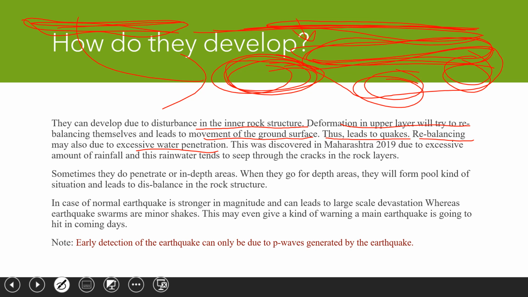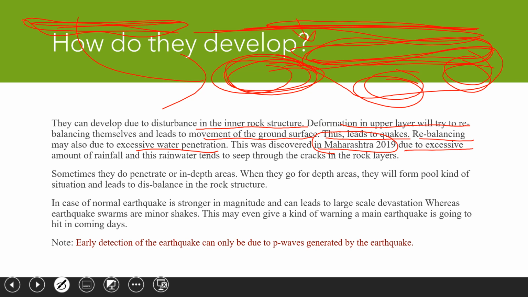This was first discovered in India in Maharashtra in 2019, and we can still see earthquakes happening in that region because of that. Even if rainwater accumulates, we can see earthquakes continuously for some duration in a month, but the magnitude is very low.